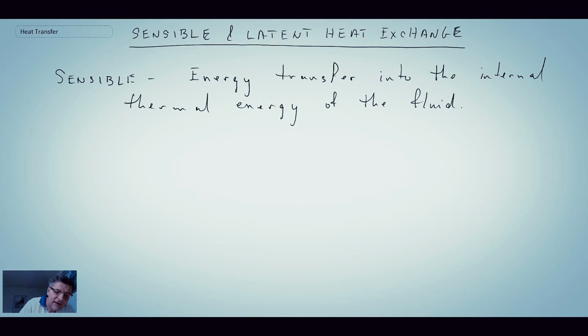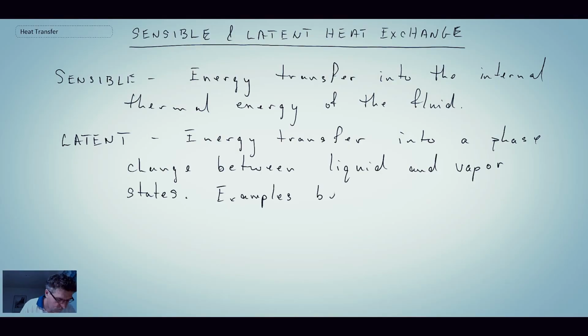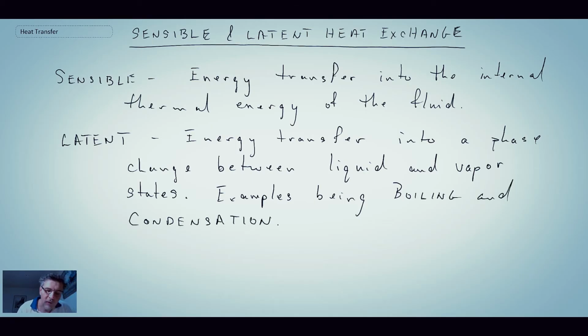Now, latent heat exchange is another form that we will be looking at. So latent heat exchange is where the working fluid that we have in our system is going through a phase change. And typically what we'll look at in this course is going through a phase change from a liquid to a vapor and then a vapor back to a liquid.